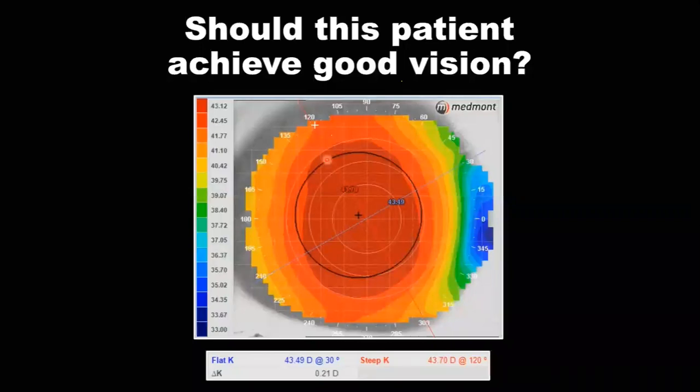Okay, anything else? Sir, it also looks vertically steeper than horizontally. Okay. So what about the question that is there? The patient may have high astigmatism in this case. Patient may have high astigmatism, sir.